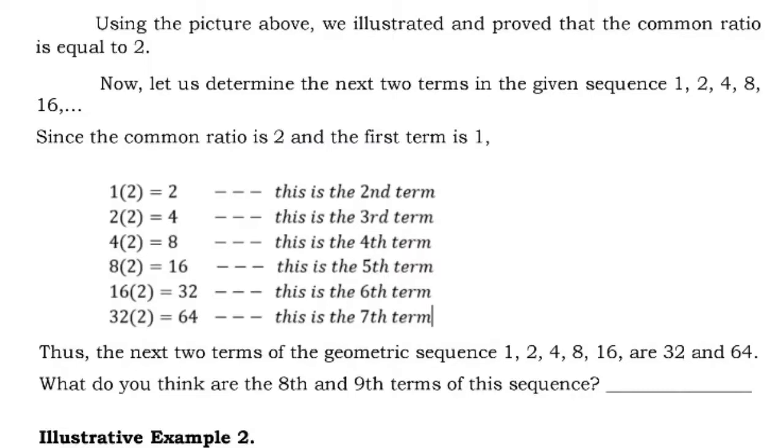Since the common ratio is 2 and the first term is 1, we are going to have this one below. 1 times 2, 2; 2 times 2, 4; 4 times 2, 8; then 8 times 2, 16; 16 times 2 is 32, then 32 times 2 is 64. Thus, the next two terms of the geometric sequence 1, 2, 4, 8, 16 are 32 and 64.